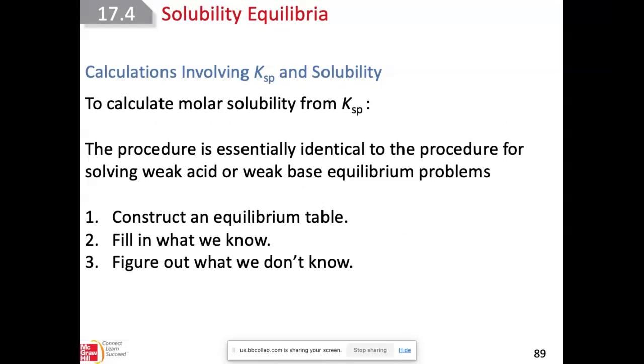So how do we calculate the molar solubility from KSP? This procedure is exactly the same as the procedure for calculating the pH of a weak acid or a weak base at equilibrium. We have to construct the equilibrium table, the ICE table, fill out what we know, and figure out what we don't know.